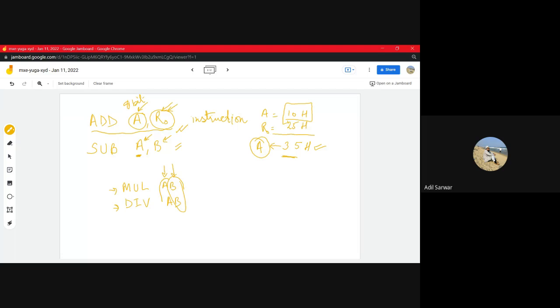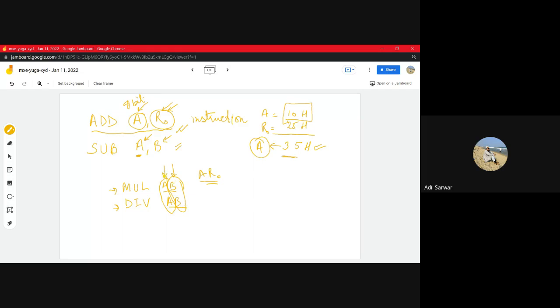These two registers, A and B, are always involved. We cannot have A and R0 in the MUL operation. We have only A and B involved in multiplication and division. So when you intend to use multiplication and division, you have to store the operands in A and B. And DIV AB means the content of A is divided by B.